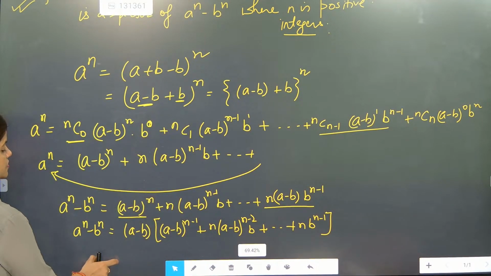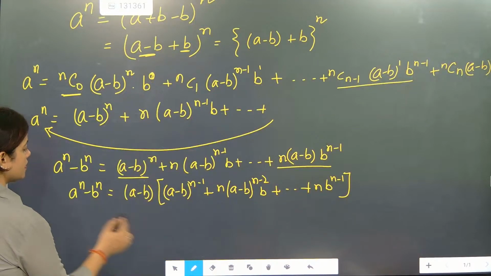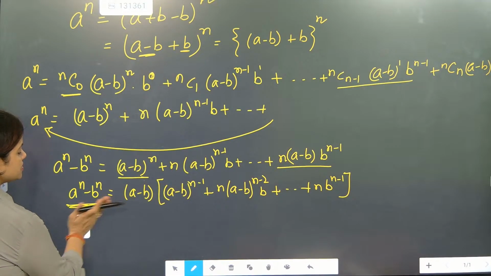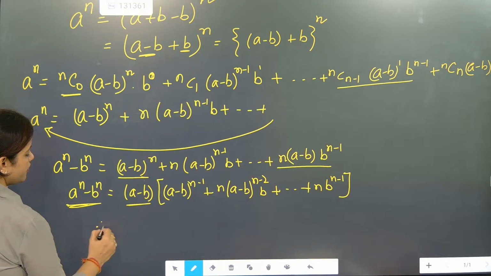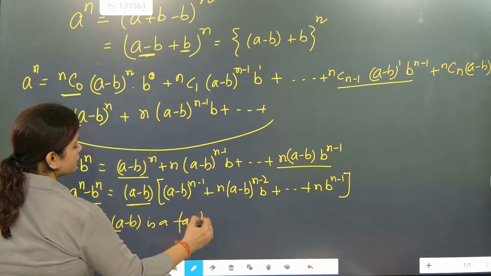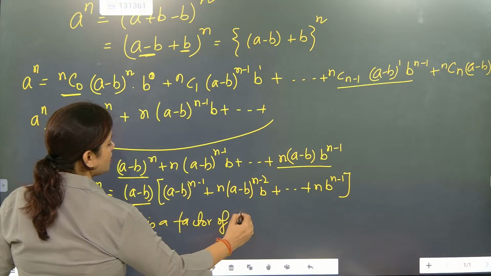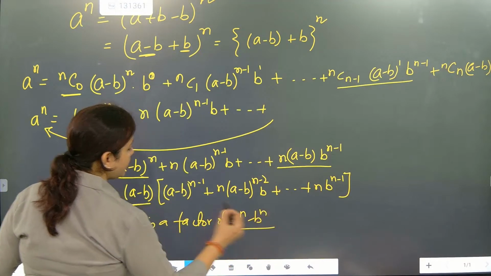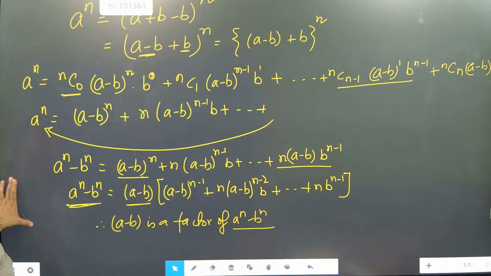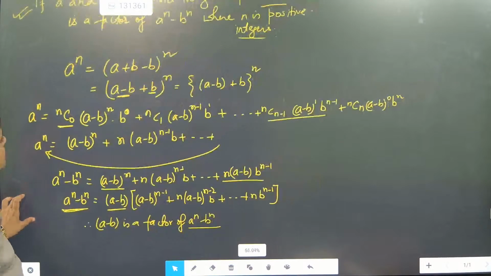So this is 100 percent a factor. Therefore a minus b is a factor of a to the power n minus b to the power n. And this is exactly one simple conceptual part we have done.